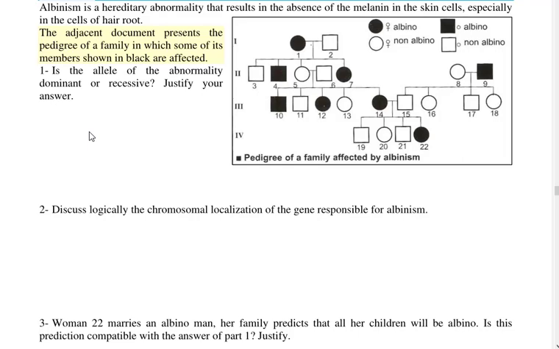Excellent. So the children are affected while both parents are normal. This means they took the affected allele from their parents, and this shows that it is recessive.